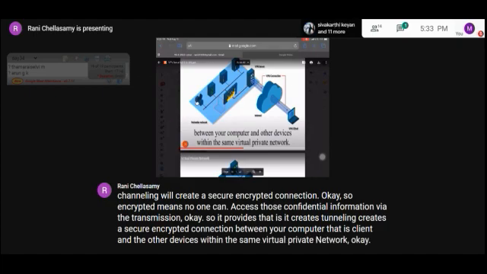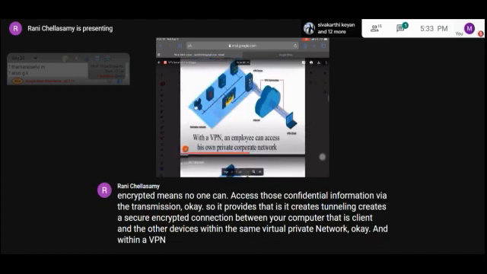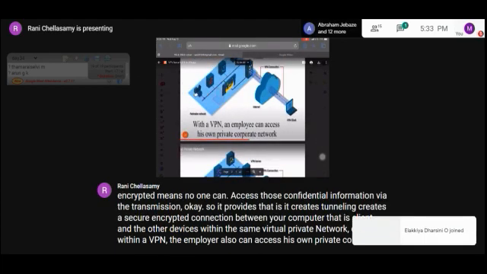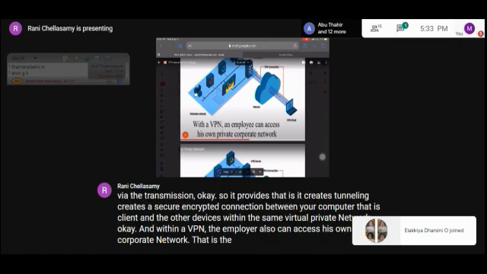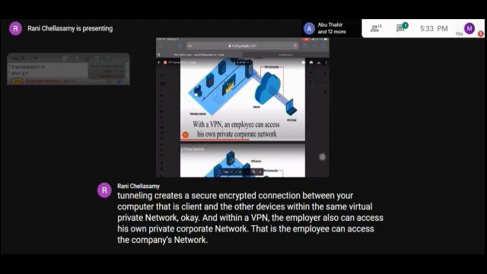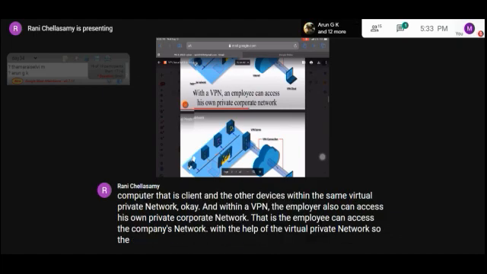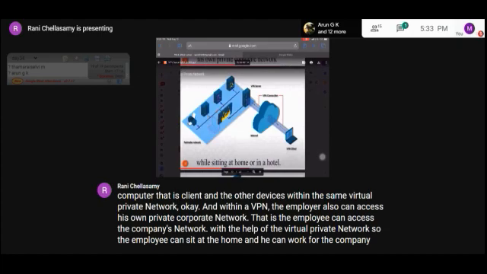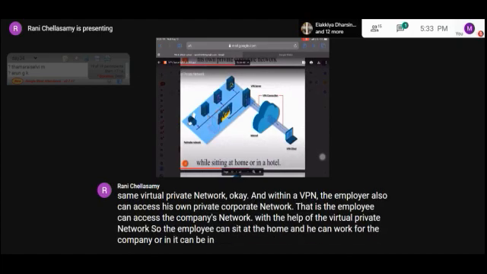Okay. And within a VPN, the employee also can access his own private corporate network. That is, the employee can access the company's network with the help of the virtual private network. So the employee can sit at home and work for the company, or can be in a hotel.